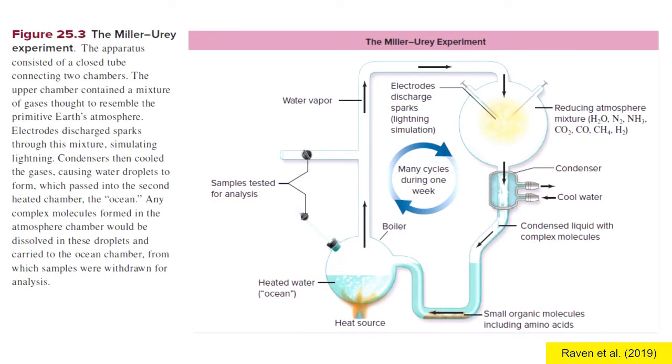Now, this was their experimental design. This was actually their apparatus. It consisted of closed tubes connecting two chambers. The upper chamber is a simulation of the primitive Earth's atmosphere. That was what they were trying to recreate. So they put all these chemical compounds, these gases, into this gas mixture.